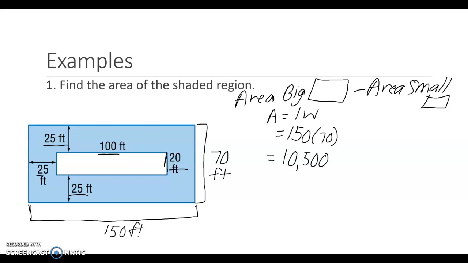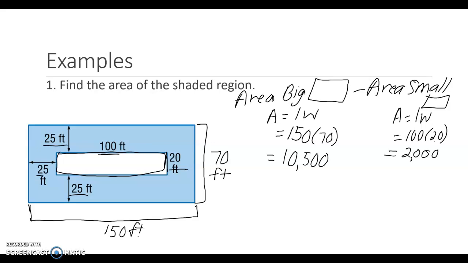Now let's look at the smaller rectangle. Area is length times width again. This time it's easy to see that the length is 100 and the width is 20 of this smaller rectangle found on the inside. This is the one I'm talking about. Okay, 100 times 20 is giving me an overall area of 2,000 square feet for that smaller rectangle.